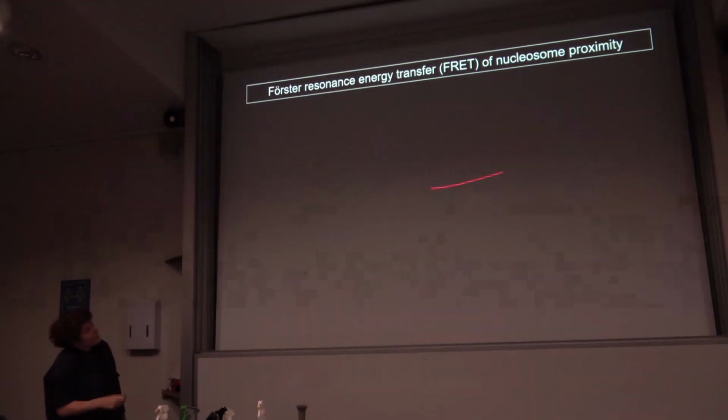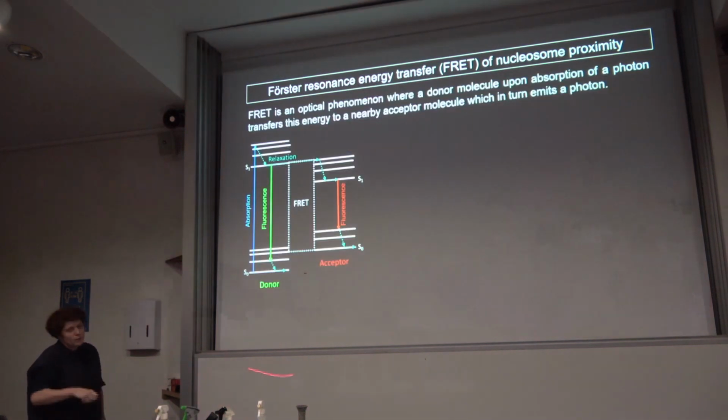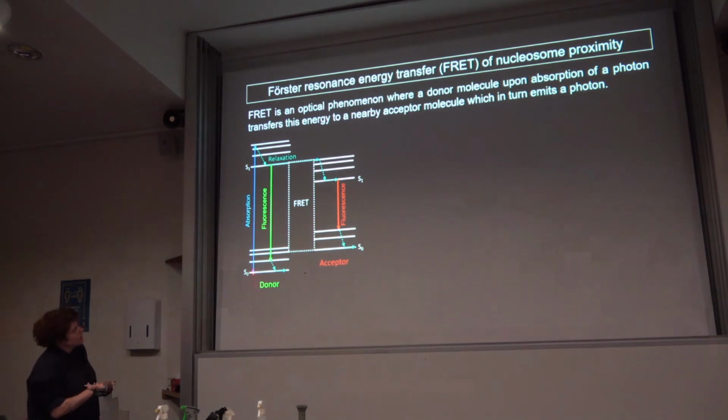Well, fluorescence is really useful. There's this thing called photoresonance energy transfer. And so what is this? If we go back to our diagram where you learnt that if a molecule undergoes fluorescence, it'll absorb a photon and then emit a photon at some longer wavelength.